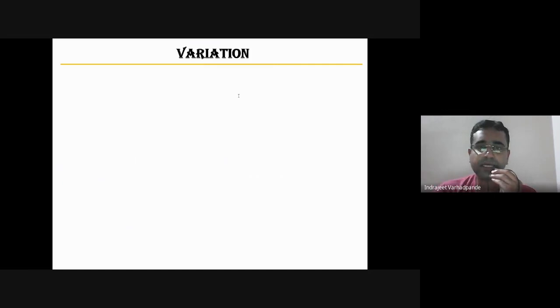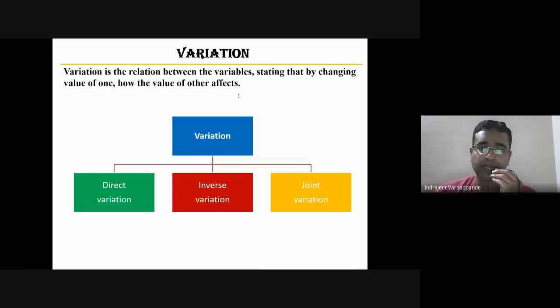Next part is, in short, I'll talk about various kinds of variation. There are three different kinds of variation. Those are joint variation, direct variation, and inverse variation. But what do you mean by a variation? Variation is a relation between the variables, stating that by changing value of one, how the value of other is affected.